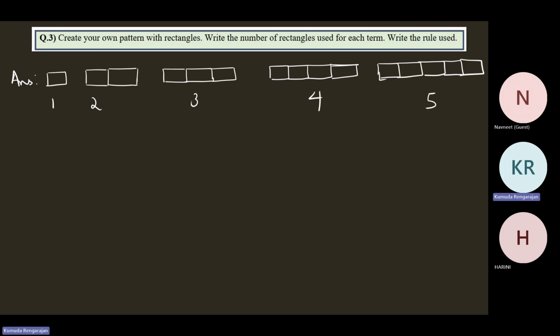Okay. So write the number of rectangles used for each term. What is the number of rectangles used for each term? So this is the pattern. Number of rectangles used for the first term is equal to 1.